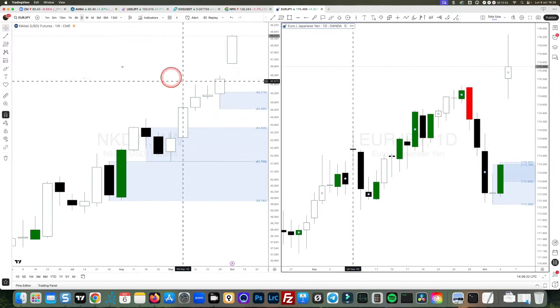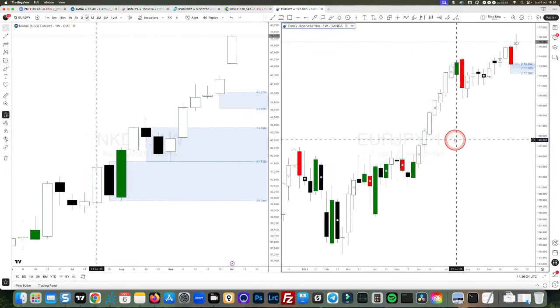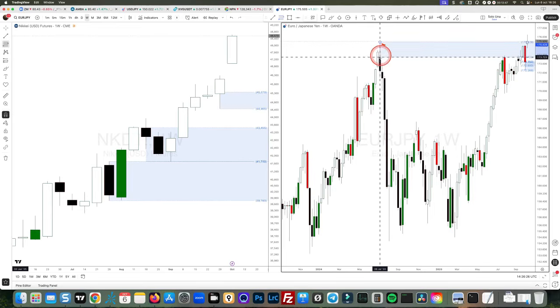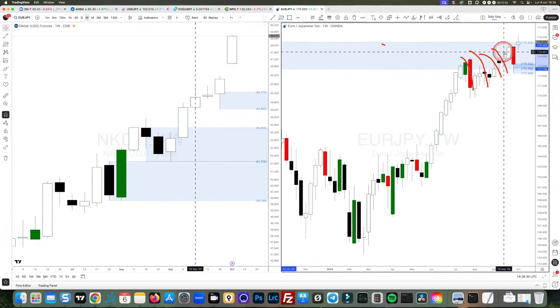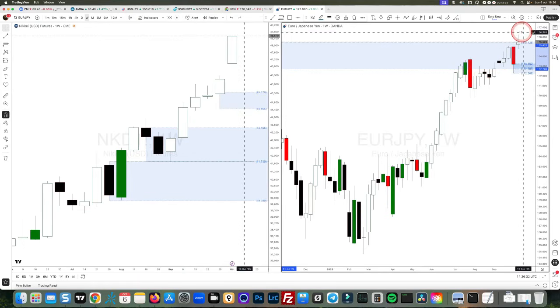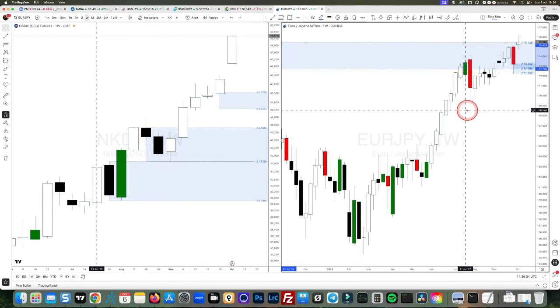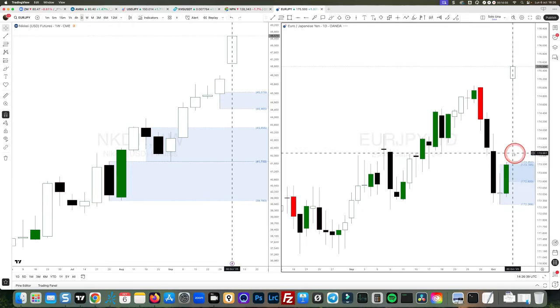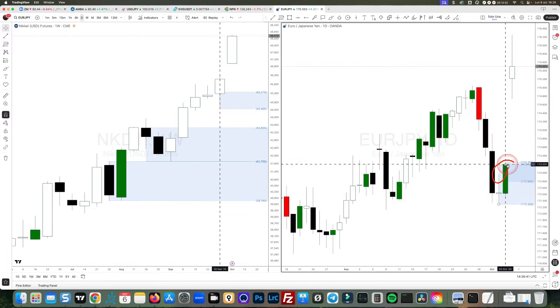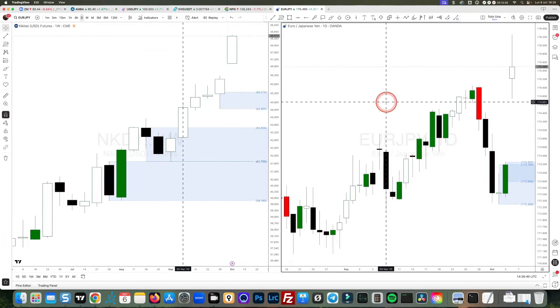Remember there was a weekly demand level over there that we expected to be eliminated somewhere from there. It was in control and helping the EURJPY drop. Then suddenly this news of Sanae Takaichi being elected, and the market went euphoric, and we have the gap and the weekly supply level eliminated on the EURJPY.